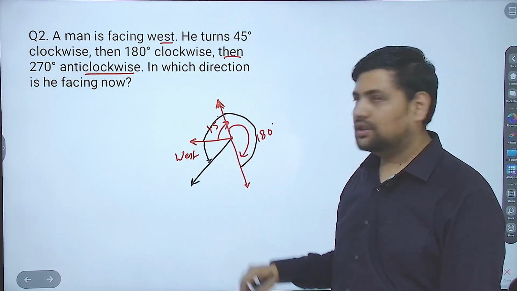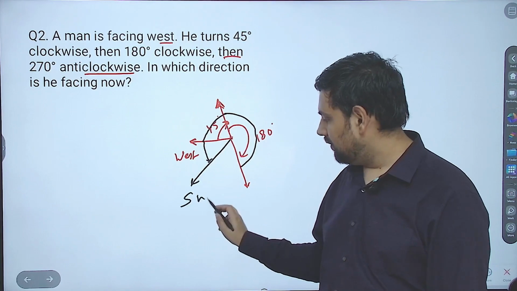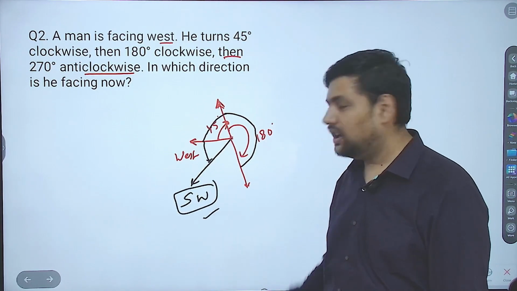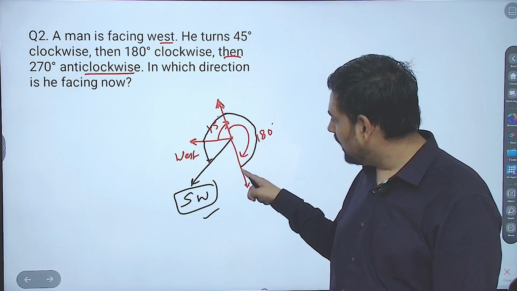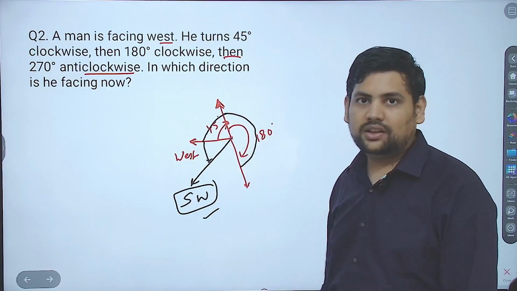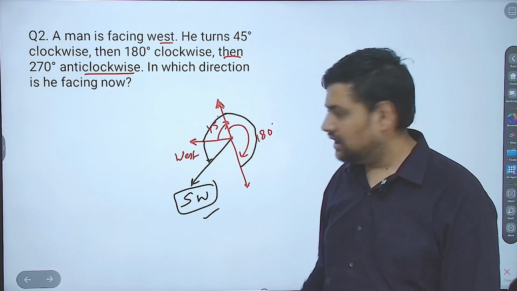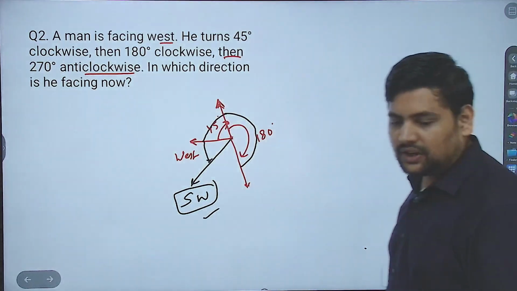So he will reach this direction. Which direction is this? This is southwest. So southwest becomes the answer. This is of course one way of doing this.